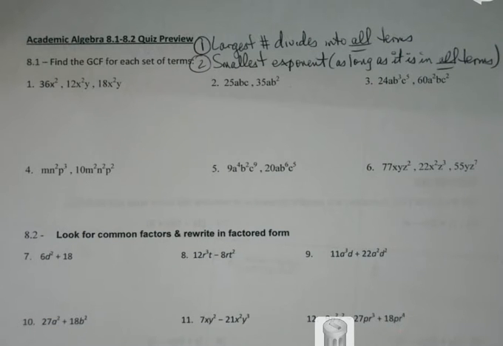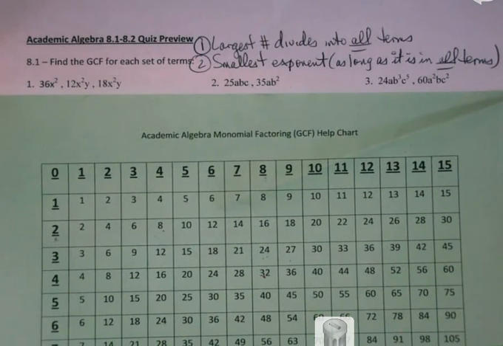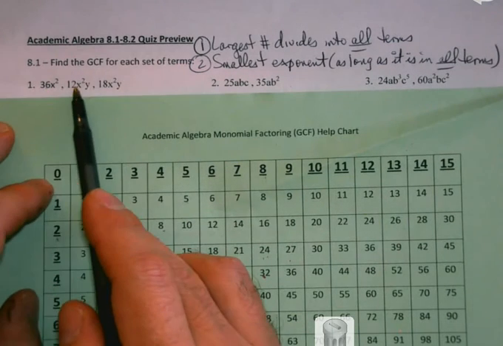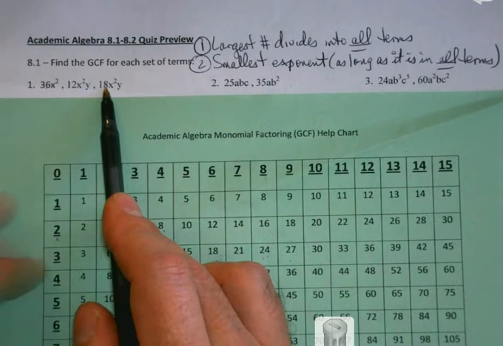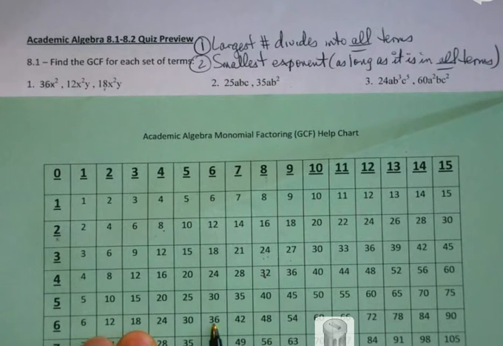Some of you had already mentioned that number one, I think it's 6. Right, because if you've got your chart, and I've got some extras if you need it, I'm trying to find one of my rows that has all 3 of these numbers in. If I'm not sure, I can use the calculator to do the same thing. I see 12 and 18, oh, there's 36.